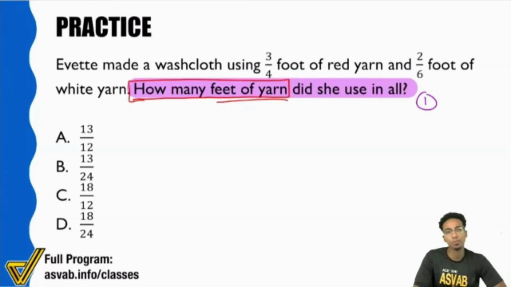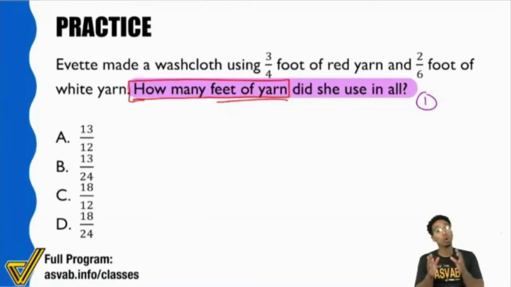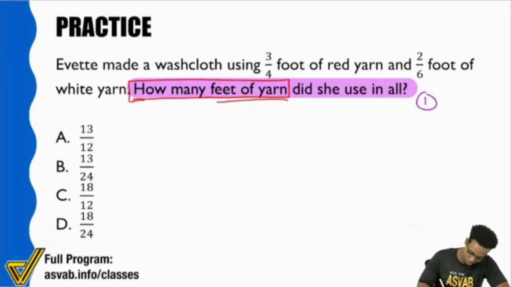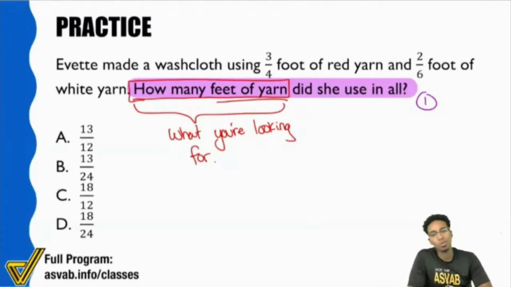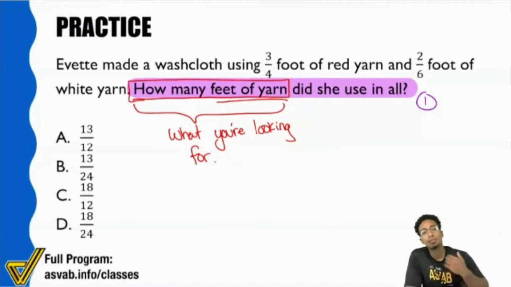And then what's another phrase here that we might want to underline? Yeah, in all. So here's the thing, everybody. The question will always give you what you're looking for. Sometimes they might give you some extra information that'll tell you what you need to do.